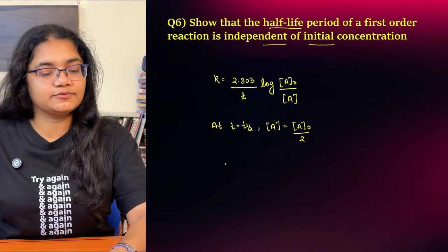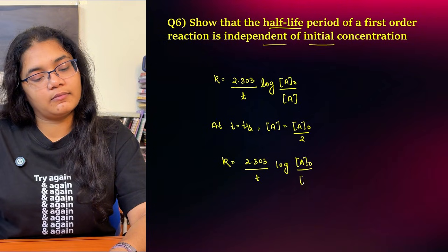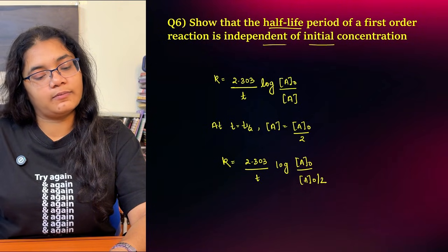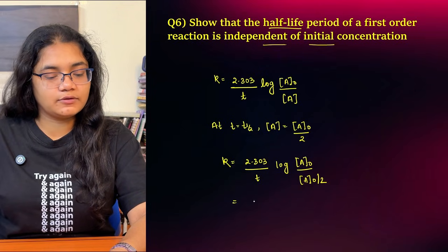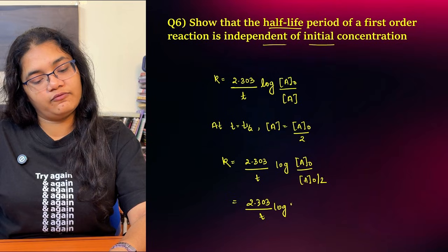Now you can substitute here k equal to 2.303 by t log of A naught by A naught by 2. Now this 2 will go up, so you'll have 2.303 by t log of 2.